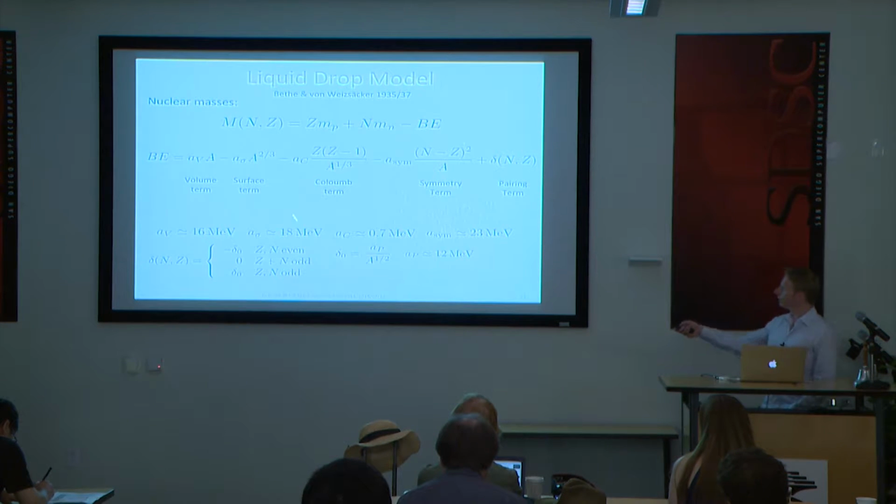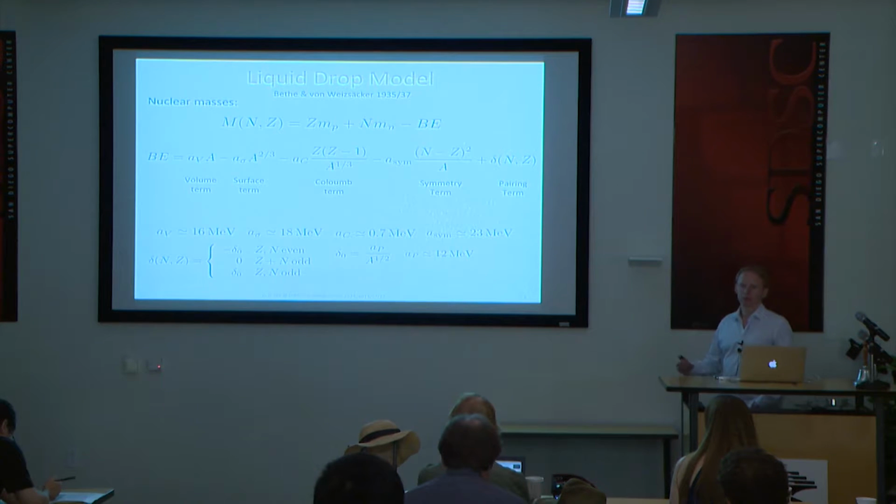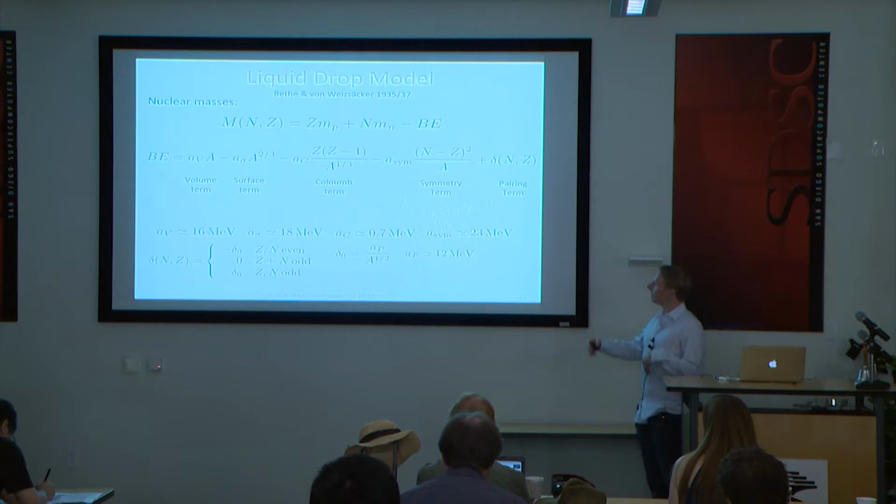You have some surface tension term, you have some Coulomb term because of the charges, you have a symmetry term because nuclear matter likes to be symmetric, so the more asymmetric it is, the more costly this term is. You have a pairing term because nucleons like to be paired in a certain way. And you have a volume term, which is just the nuclear force attraction. All these numbers come from trying to figure out ways to match the nuclear binding energy.